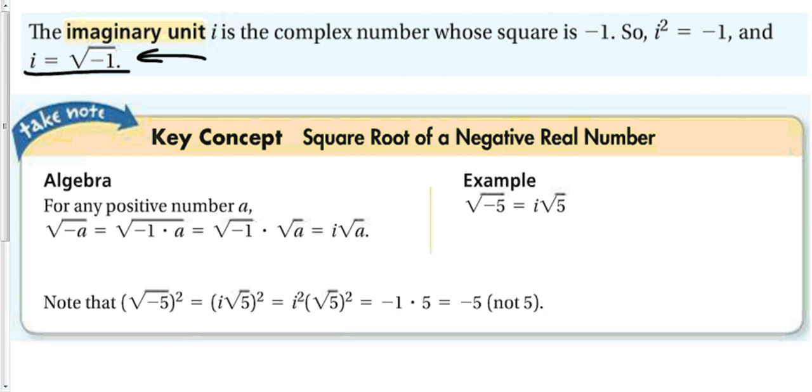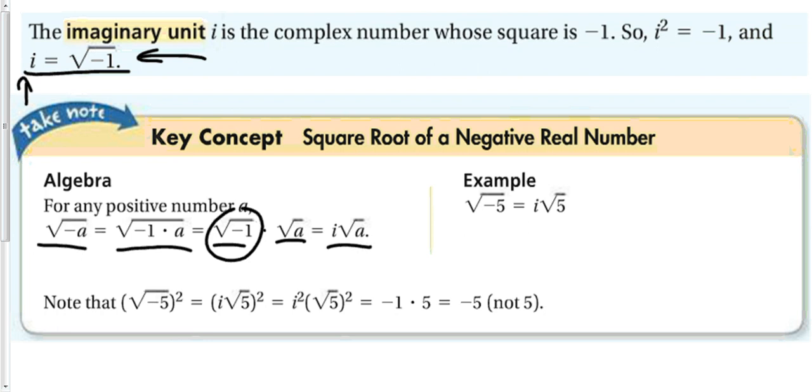With this, I can now take square roots of negative numbers, which means that if I want to take the square root of -a, I can separate that into the square root of -1 times the square root of a, and I know that the square root of -1 is equal to i.